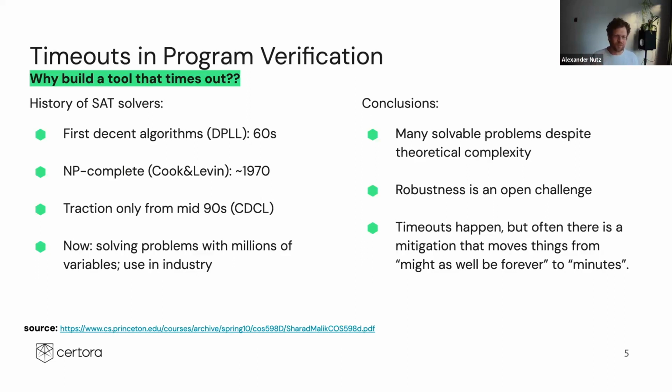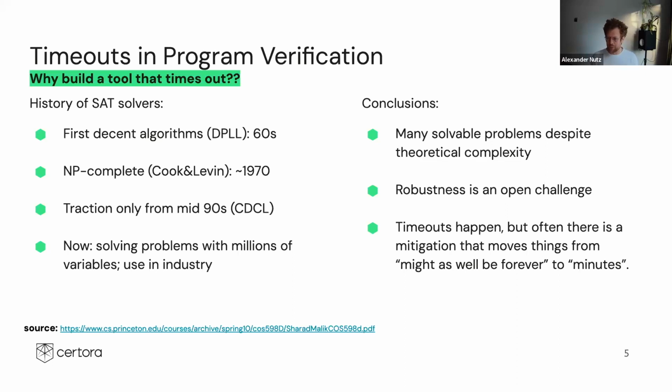The result that it's definitely hard in the worst case is from the 70s, and then in this very simplified history, not much happened for 25 years. People were put off. But since the 90s, SAT solvers have made huge progress and have moved into industry. Things are possible now that people thought would never be possible, like solving SAT problems with millions of variables. And they're actually used in industry, for hardware verification, for example.